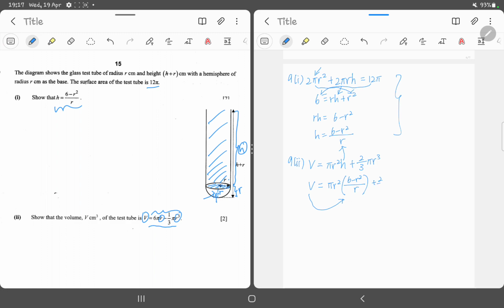So V equals 6 pi r minus pi r cubed plus 2 over 3 pi r cubed, which gives V equals 6 pi r minus 1 over 3 pi r cubed. And we have shown it.